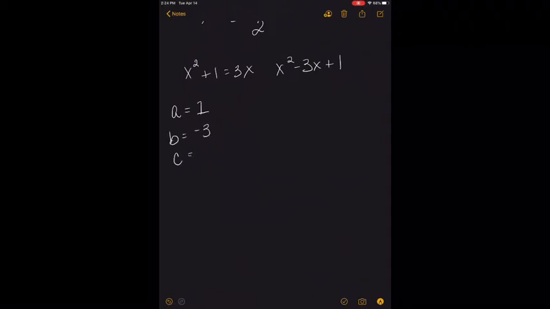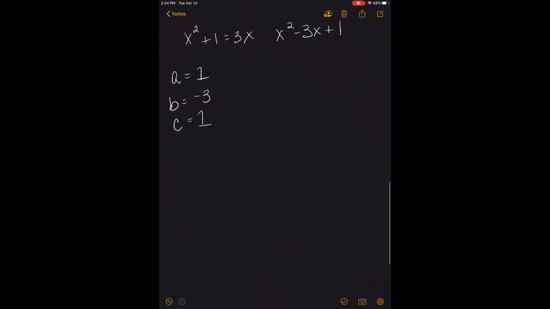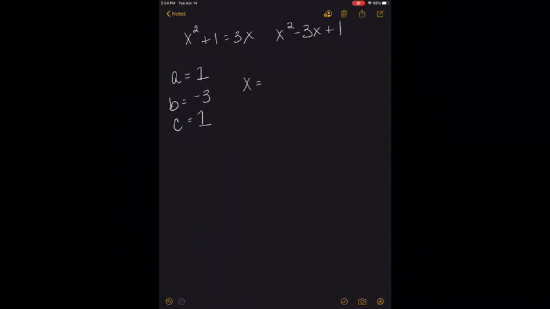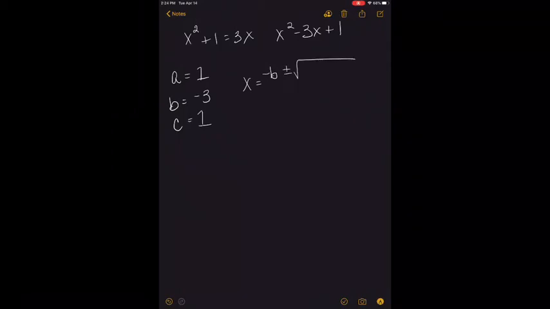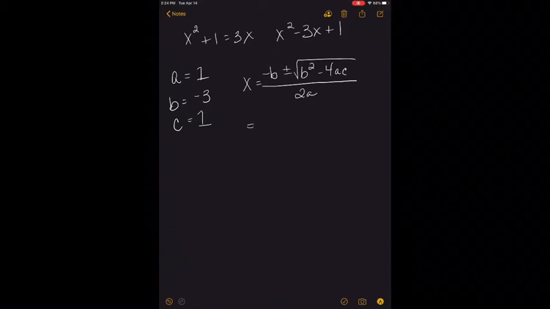It's 1 again. b is negative 3, and c is 1. So let's go ahead and put our quadratic formula: x equals the opposite of b plus or minus the square root of b squared minus 4ac all over 2a.